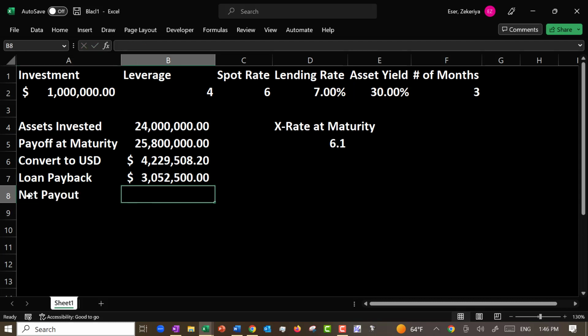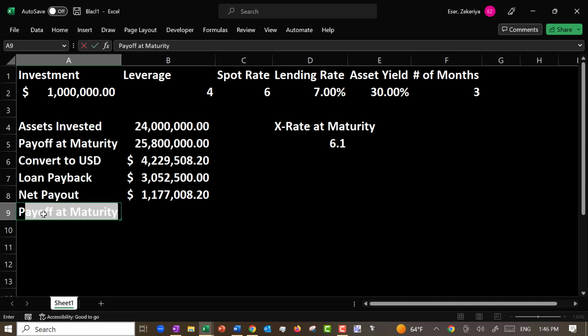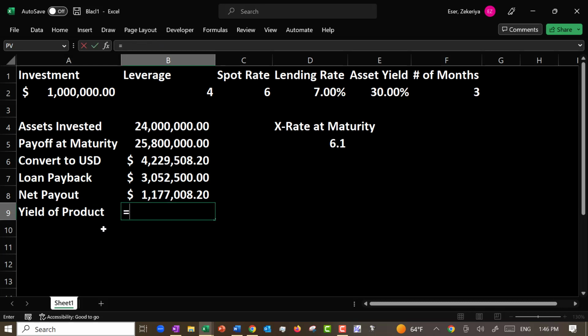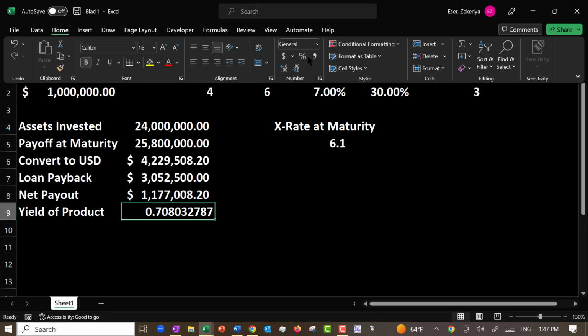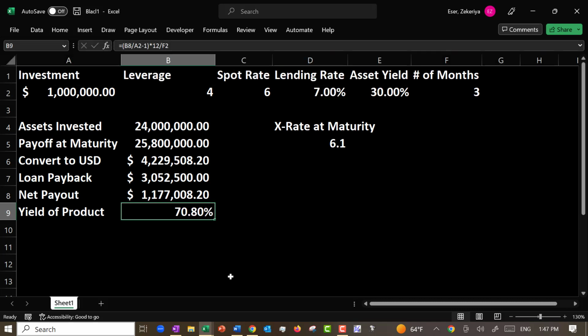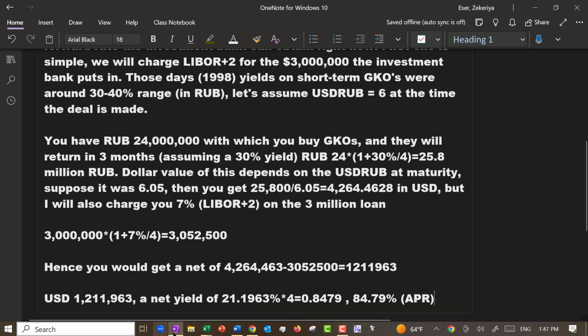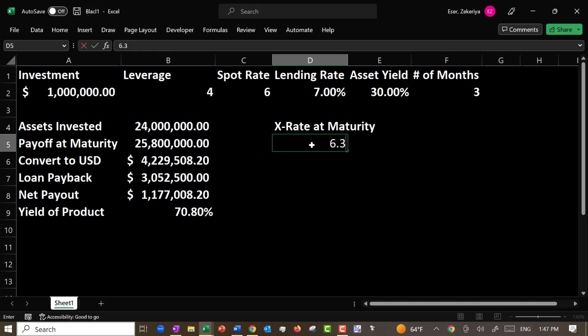Net payout is, and the yield of products: divide the net payout by the investments, minus 1, and we're going to convert that into APR, which means times 12 divided by number of months. So if that's 6.3, and so on and so forth. Okay.